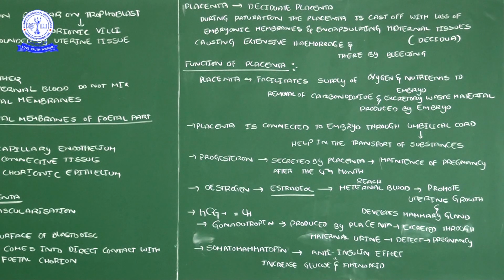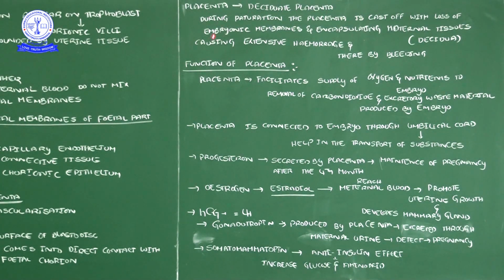So here the placenta will be shed out or cast off after pregnancy. It does not remain inside the uterus after delivery, parturition. At parturition, along with the baby, first the baby will be delivered, then continuously that placenta also will be shed out. Due to that nature, the human placenta is a deciduous placenta.